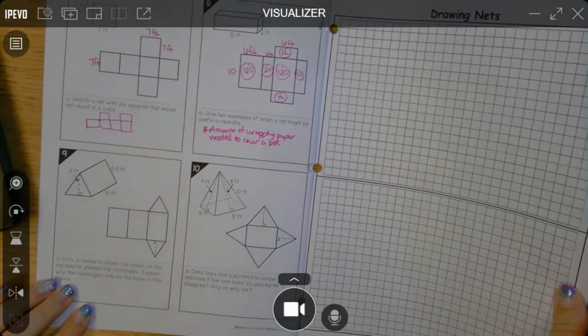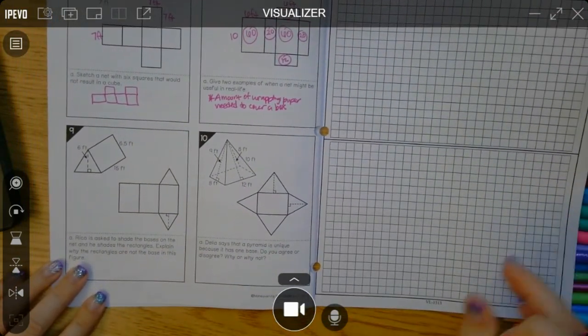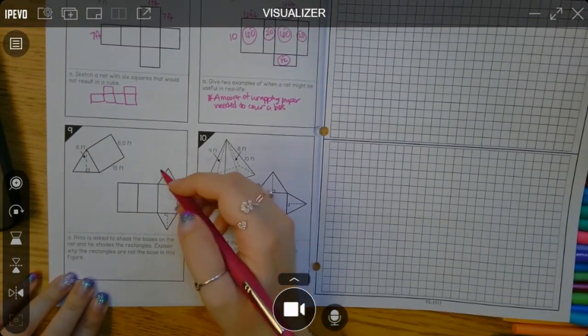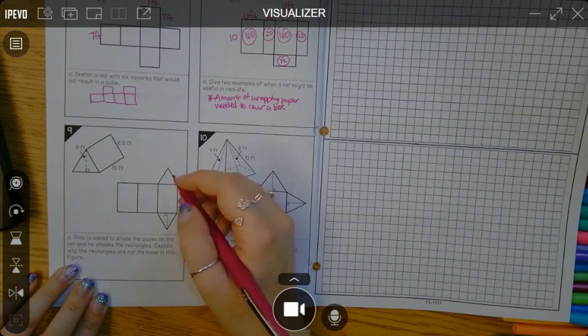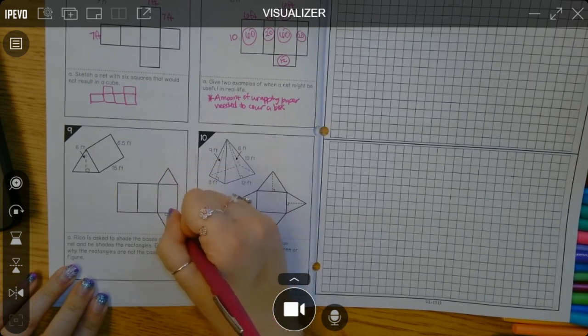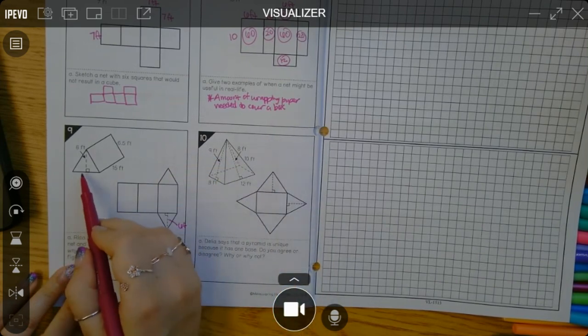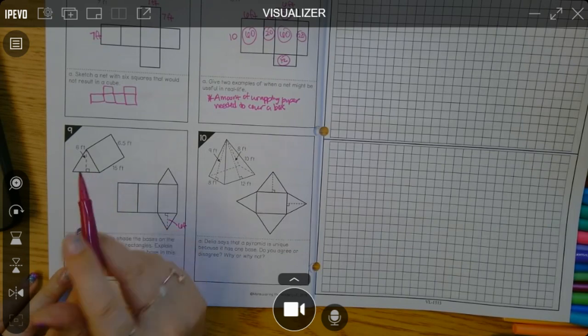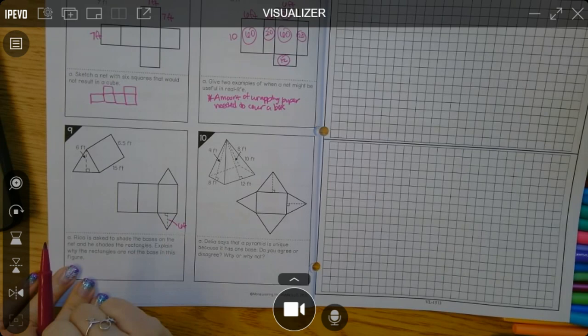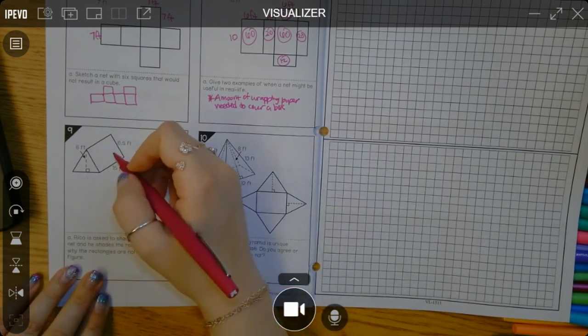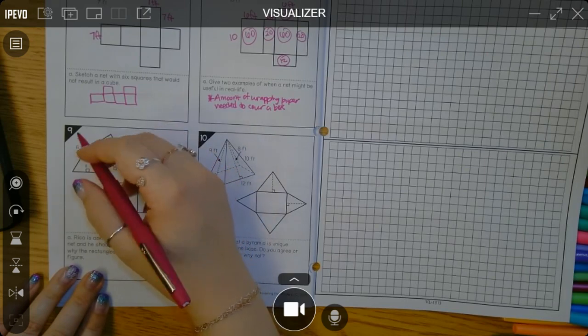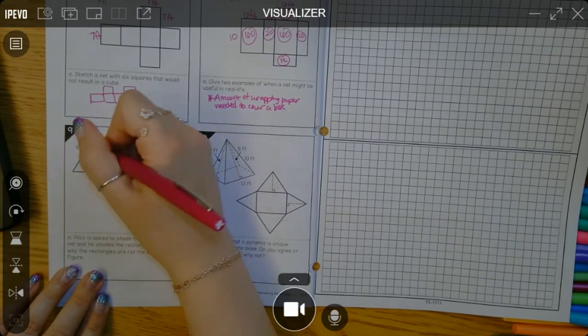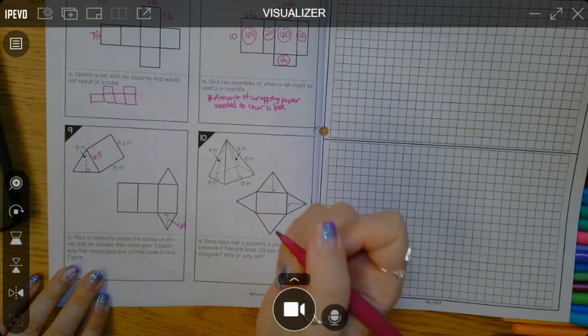Okay, let's go ahead and look at these last two down here. So for here, let's identify the triangles first. Okay, so it says that you have a height of 6, and then the base. Do we know this base? Okay, well, right here, I know that this is the same as this, right?